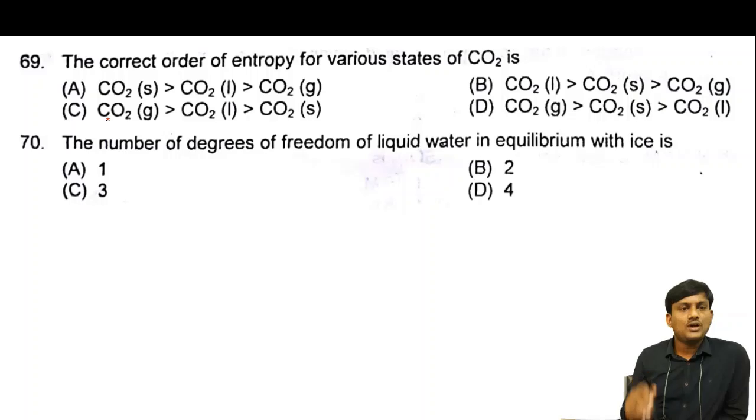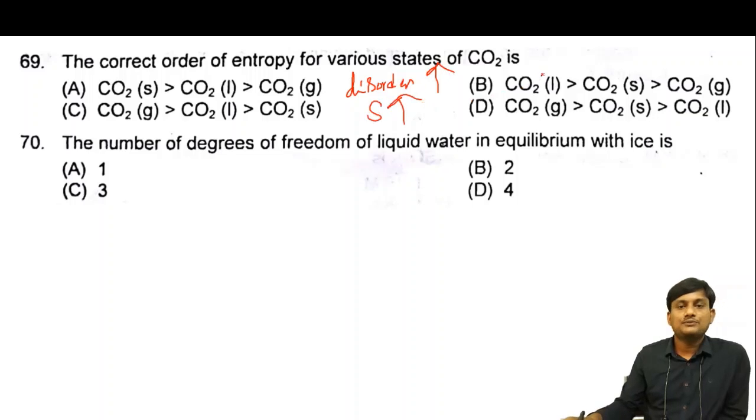The correct order of entropy of various states of CO2 is. We know that entropy measures disorder. As the disorder increases, entropy S increases. From solid to liquid to gas, there is an increase in disorder.